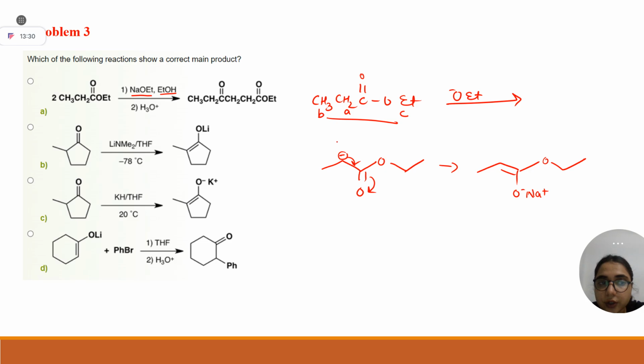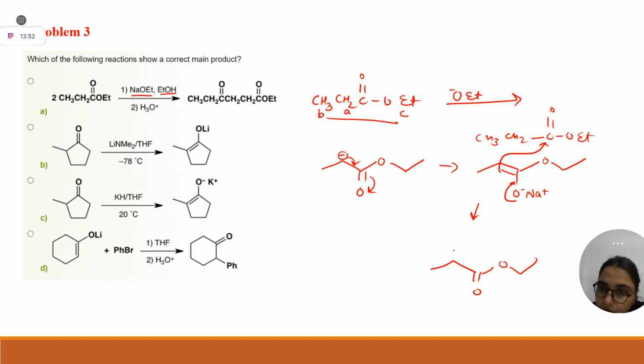you have two molecules of this molecule, right? CH3CH2COOEt. If at any point it is not clear, please ask. And then that enolate is going to attack your carbonyl, and what you will get? Double bond O, C, O negative, OEt, CH2CH3.